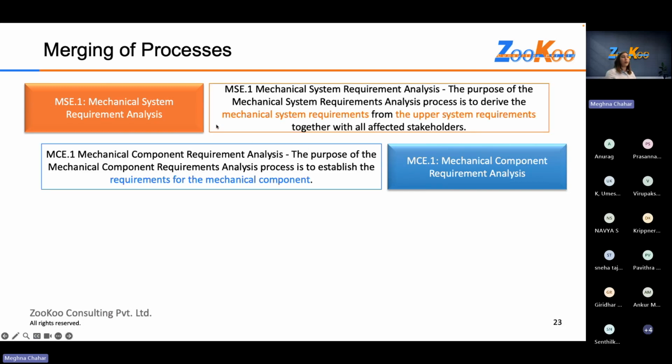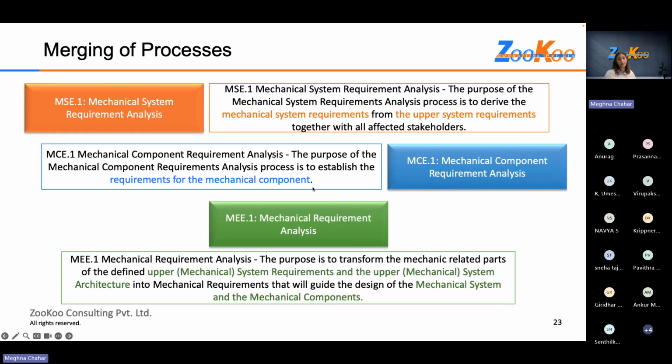Mechanical system requirement analysis, the main purpose of this process was to write down or to drive the mechanical system requirements from upper system requirements. Here you need to pay attention. Okay, so we have to come up with mechanical system requirement from our upper system requirements. When we talk about the component requirement analysis, here the purpose was come up with the requirements for mechanical components.